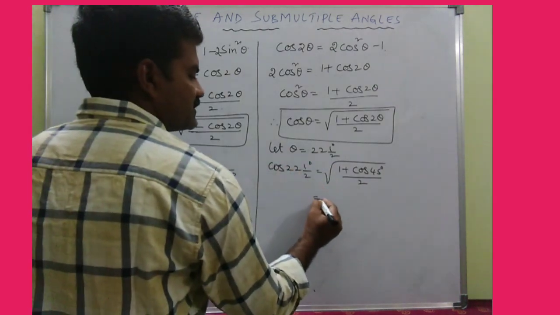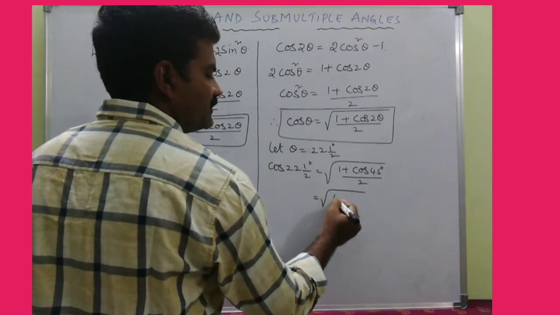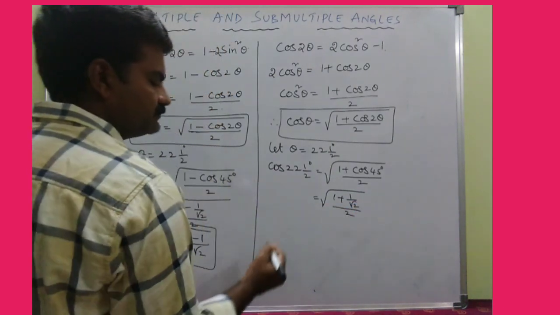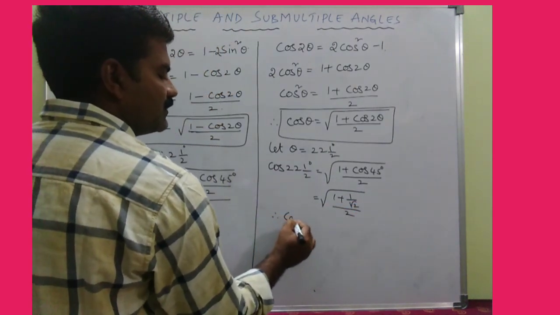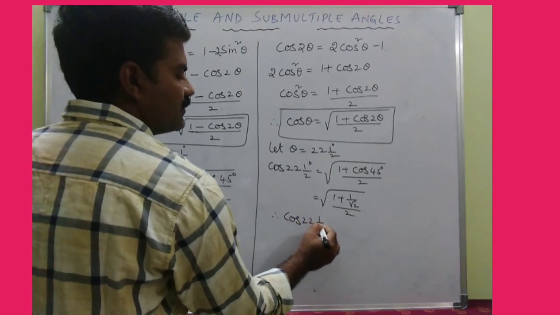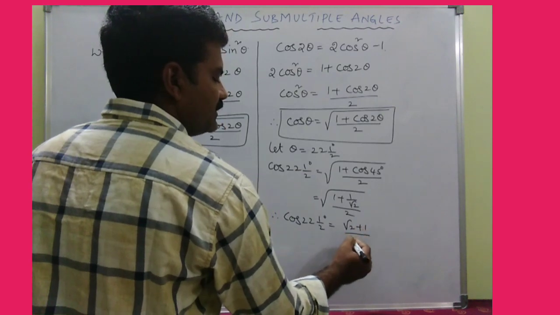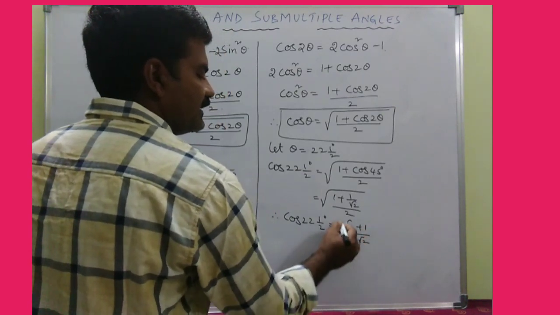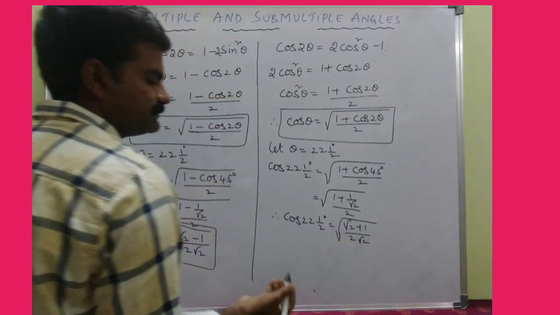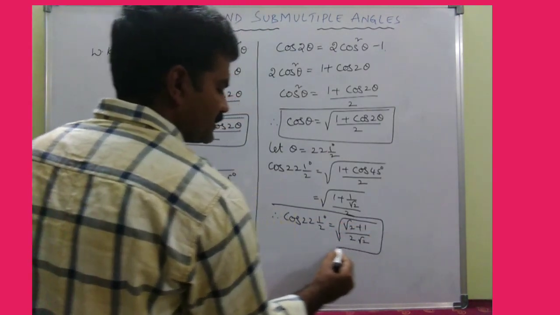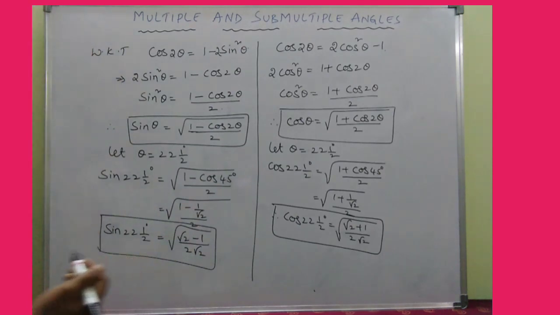Please replace the value of cos 45, which is nothing but 1 by root 2, whole divided by 2. Hence cos 22 and a half degrees is equal to (root 2 plus 1) by 2 root 2, entirely within the root. So this is the value of cos 22 and a half degrees.